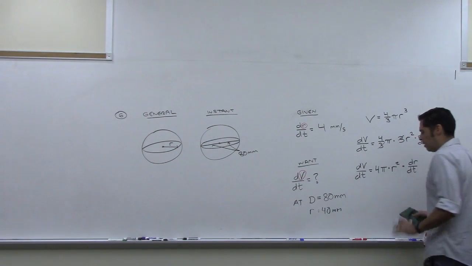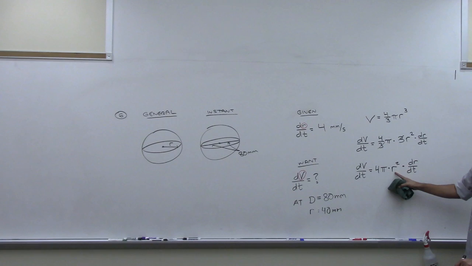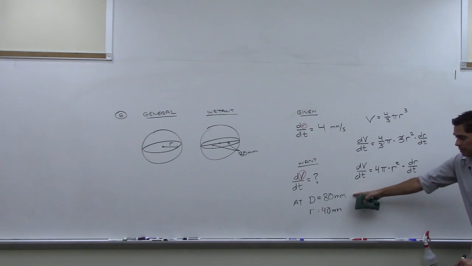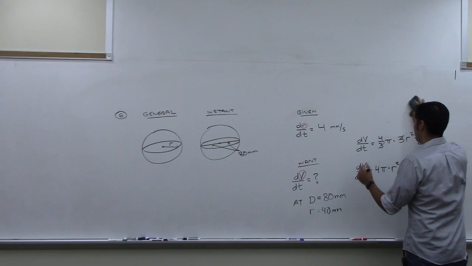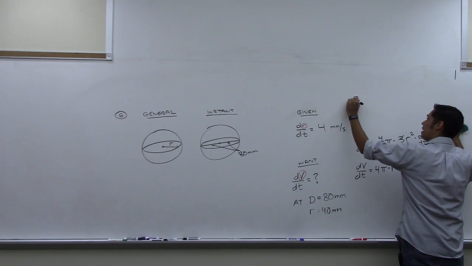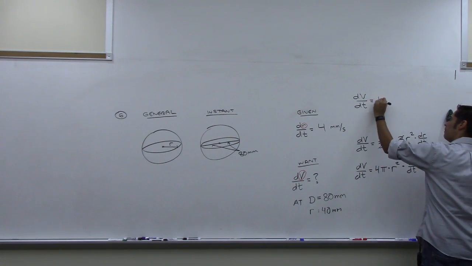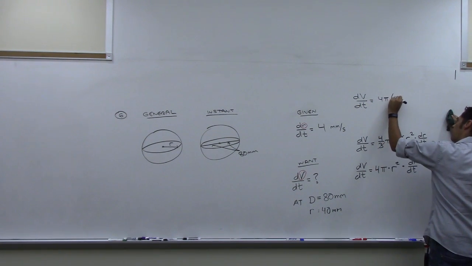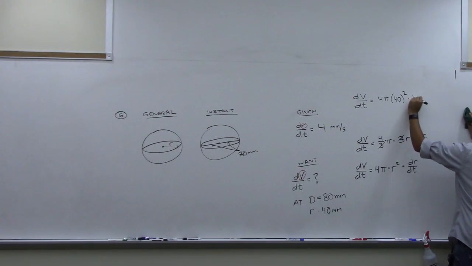That's just one little tweak in the problem you have to pay attention to. They give you the diameter, not the radius, so you need to convert the diameter to the radius before you can plug it in. So let's plug in. dV/dt equals 4 pi times 40 squared, not 80, times dr/dt, which was 4.